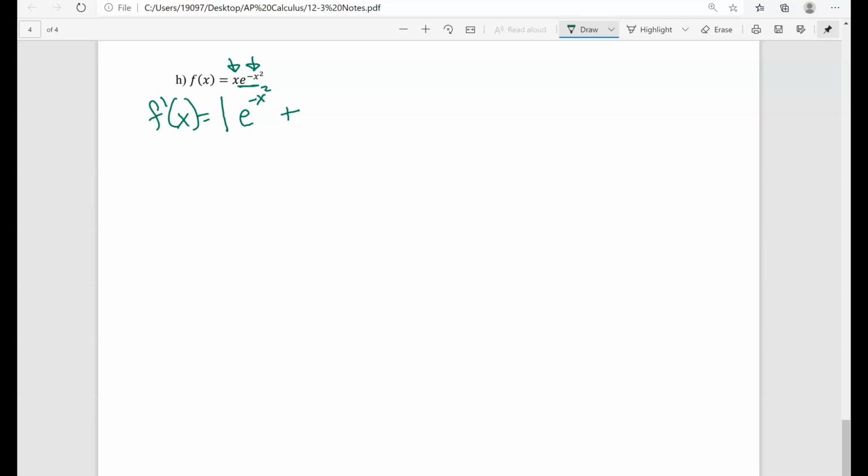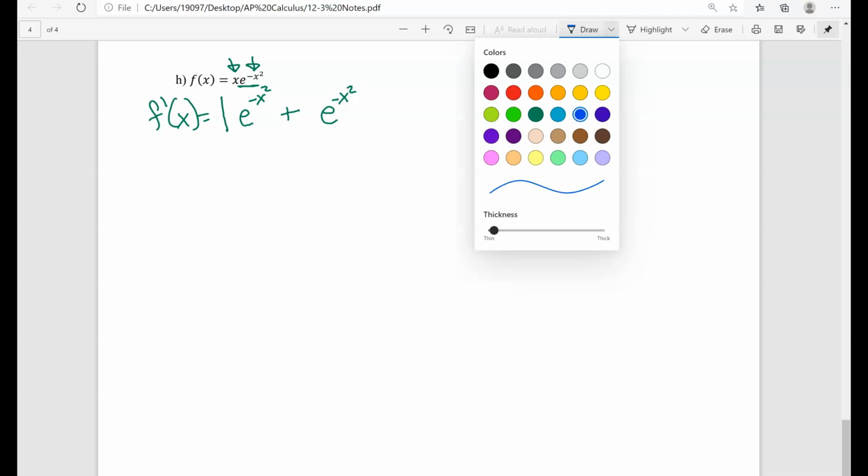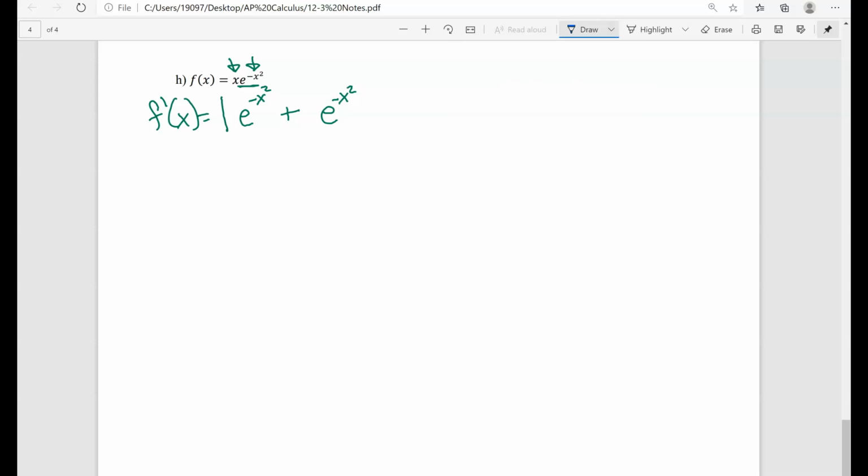The derivative of e is just e. So we're going to write the same thing again. But now what we're going to do is multiply it by the derivative of whatever's on the inside of e. And the inside of e is negative x squared. The derivative of negative x squared is negative 2x. So this whole guy is the derivative of this e part. And now we're just going to multiply it by the unaffected term, which is x.